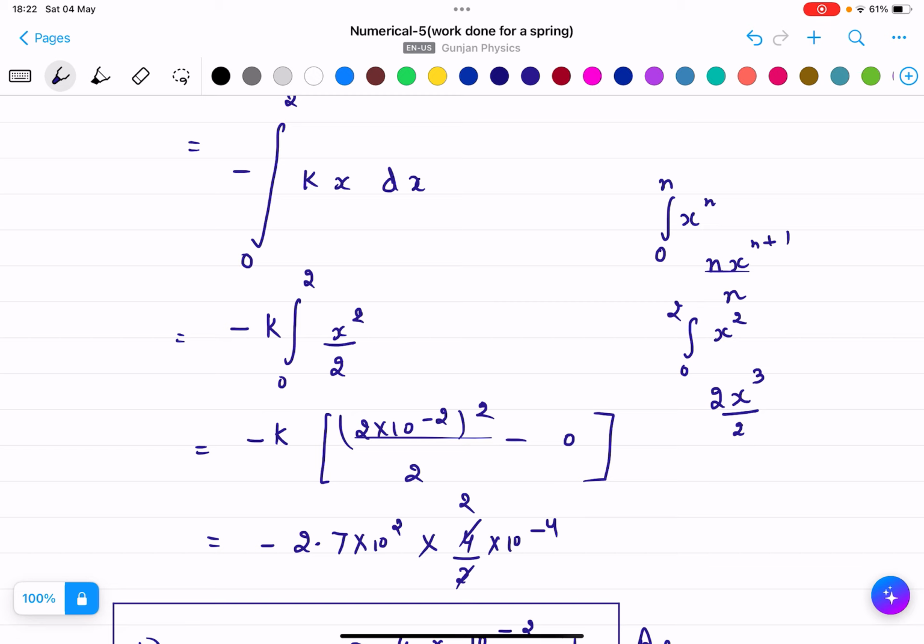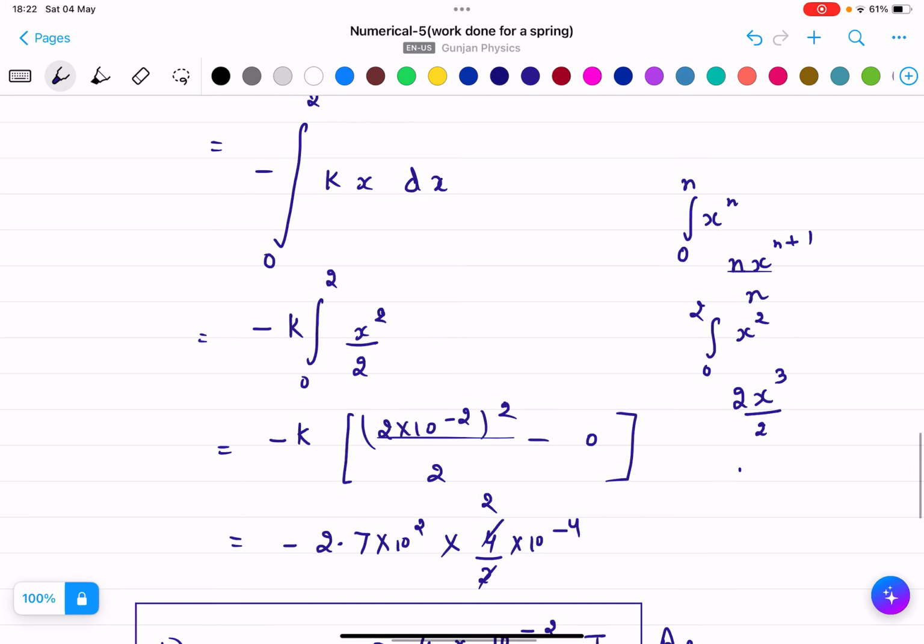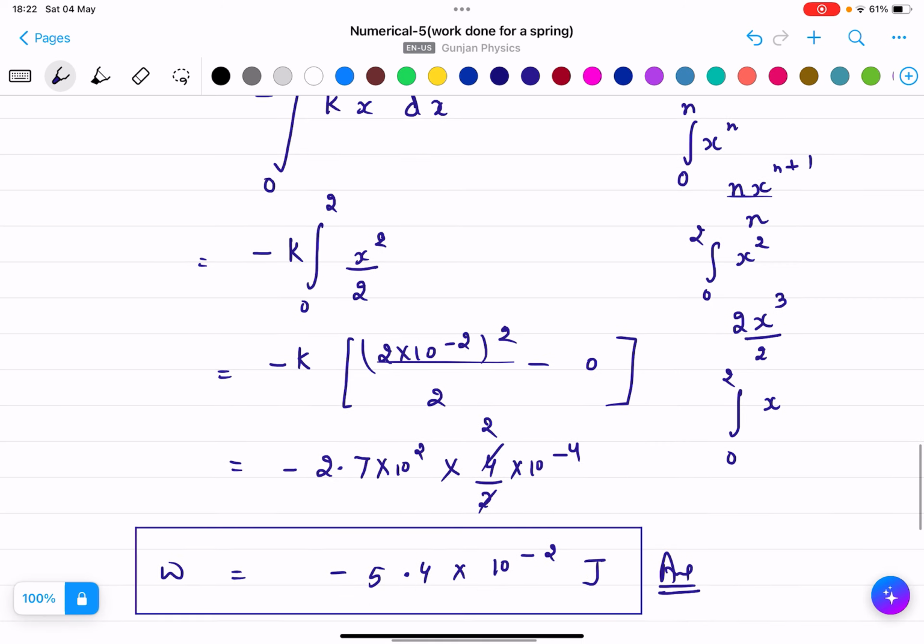This is the integration. Now we need to find the integration of x. So x from 0 to 2, if I need to find that, n is 1, so it will be x to the power n plus 1 over n plus 1, right?